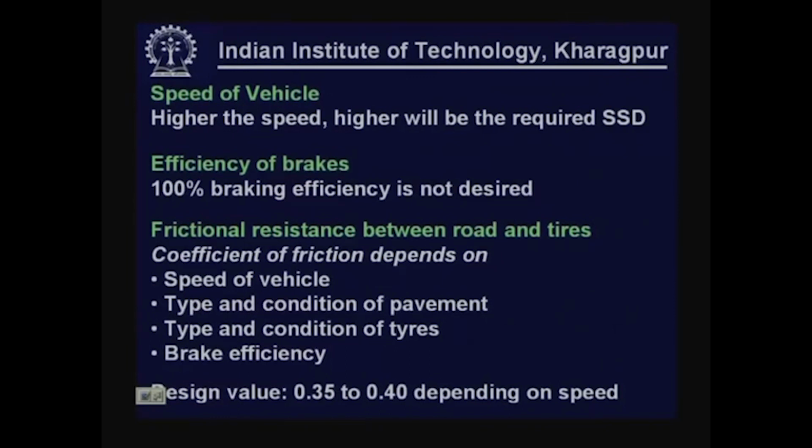Type means whether it is a bituminous pavement, water bound macadam, an earthen road or a concrete road. What is the type of surface? Obviously, the coefficient of friction will depend on that, and also on the condition of the pavement, whether it is dry or wet.